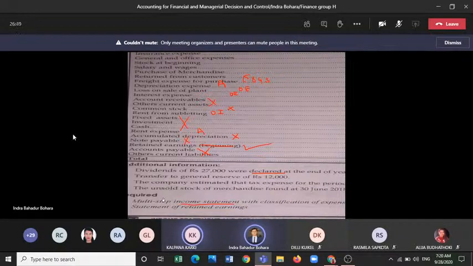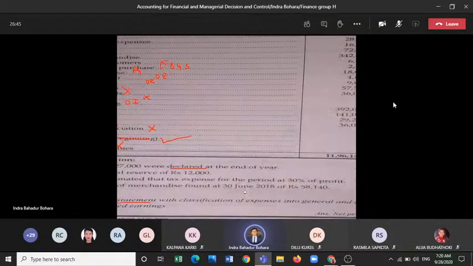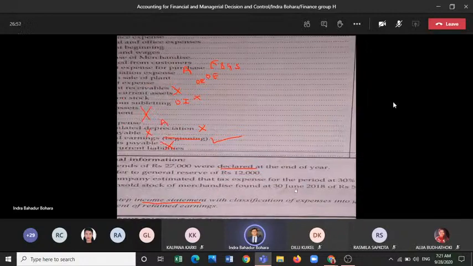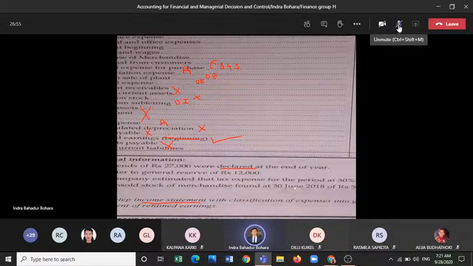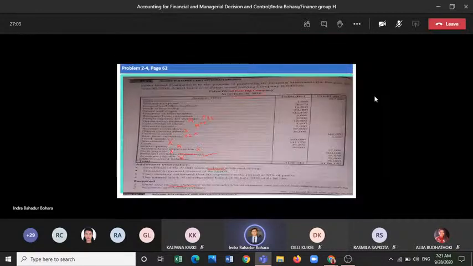And lastly, unsold stock of merchandise found at 30th June 2018 of rupees 58,140. Is it closing stock? Yes. We are preparing, all of you look at here the trial balance. We are preparing on June 30, 2018.